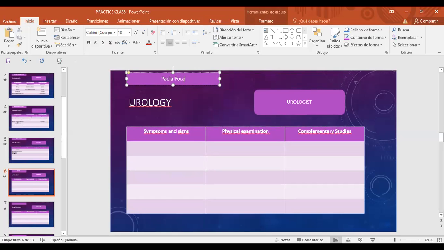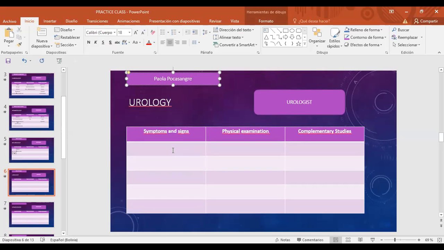Urologists, it's all about the urinary system. The urinary system, yes. Notice pronunciation here, urinary system. Okay. So is there any disease that you might know of related to urology?